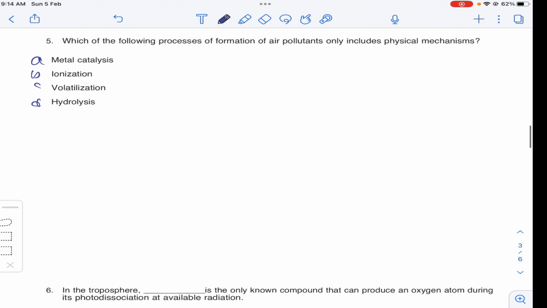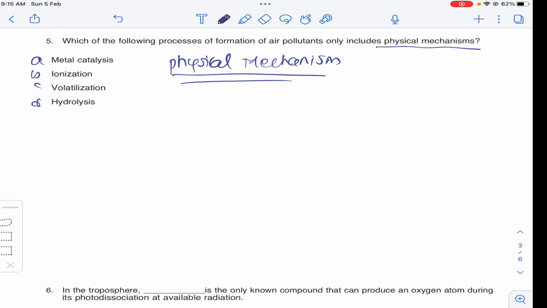Coming to question number 5, which of the following processes of formation of air pollutants only includes physical mechanism? Coming to the first option, metal catalysis.